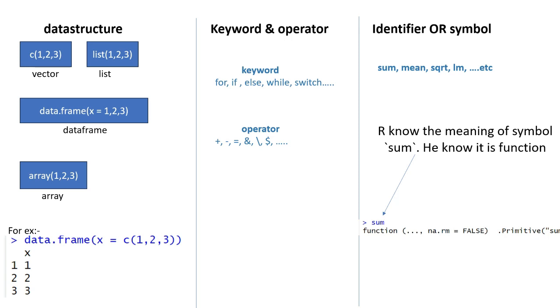Similarly, for identifiers or symbols, it already knows the meaning of sum. It already knows sum is a function which is implemented in the standard library in R.